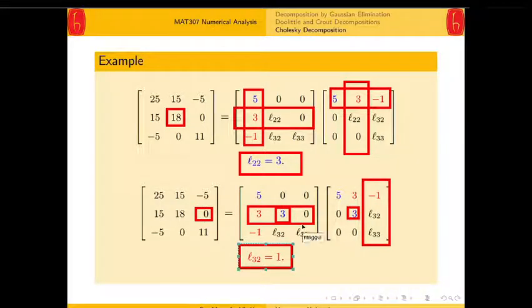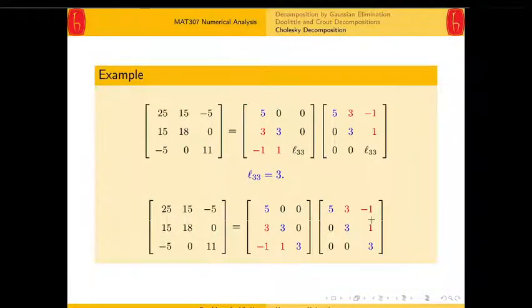So we substitute L32 also here. At this point, the only unknown is L33. So we multiply the last row with the last column.